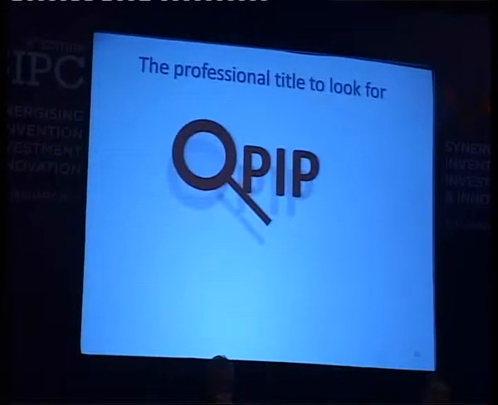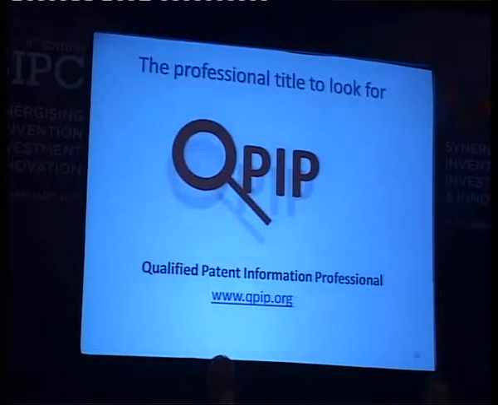And as I said, the professional title to look for is QPIP, Qualified Patent Information Professional. There is a website on this, qpip.org, which sets out all the things that I just said, and also gives you more insight into the achievements thus far.